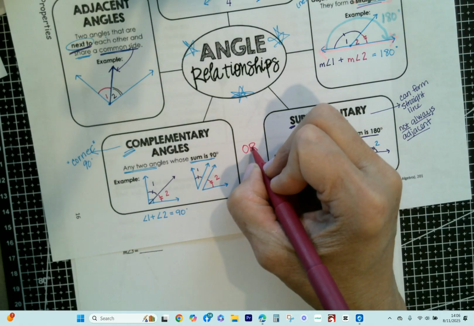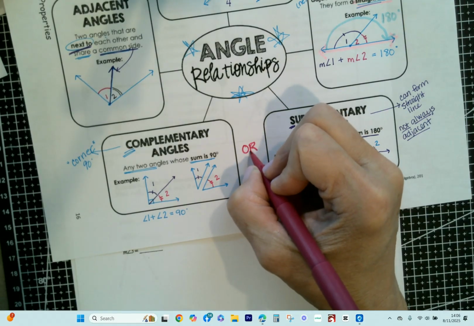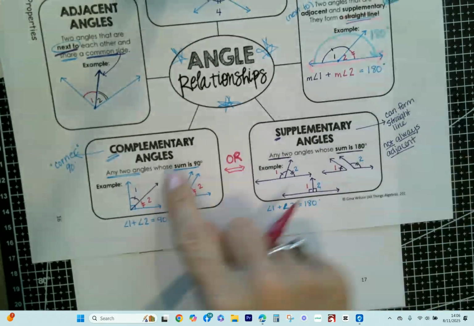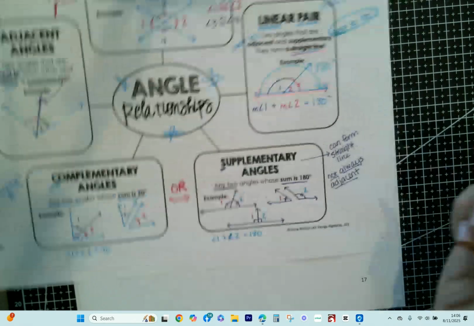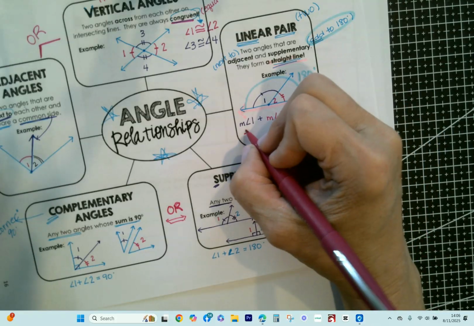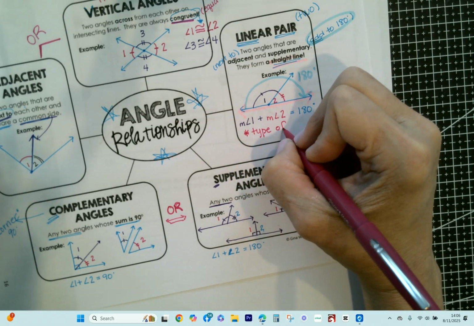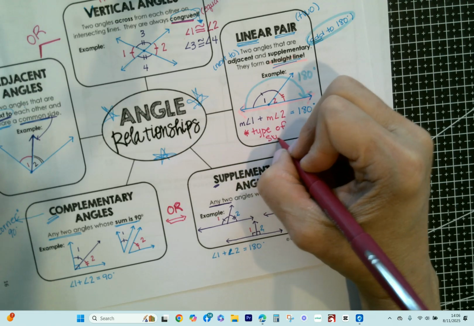Complementary or supplementary, can't be both. It's either this one or this one. And then I want you to write this down. This is a type of supplementary.